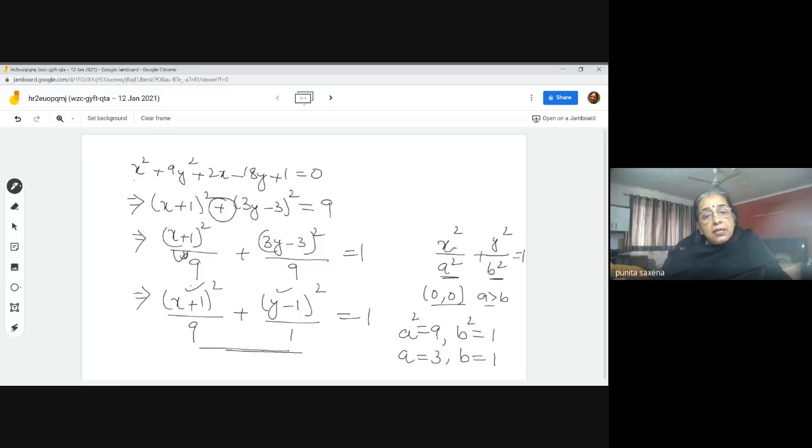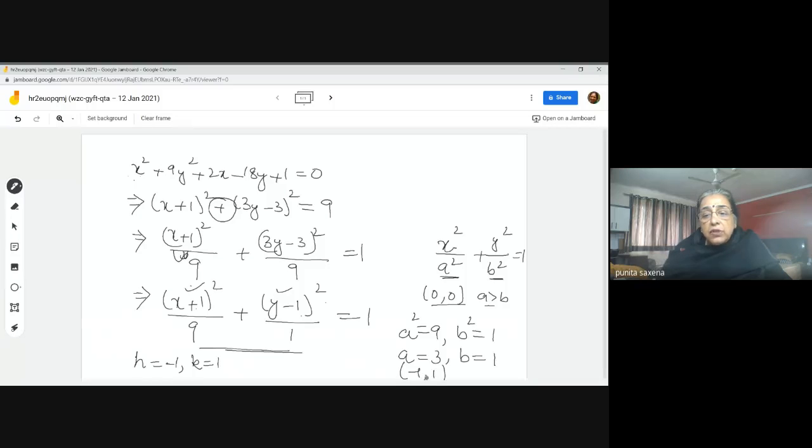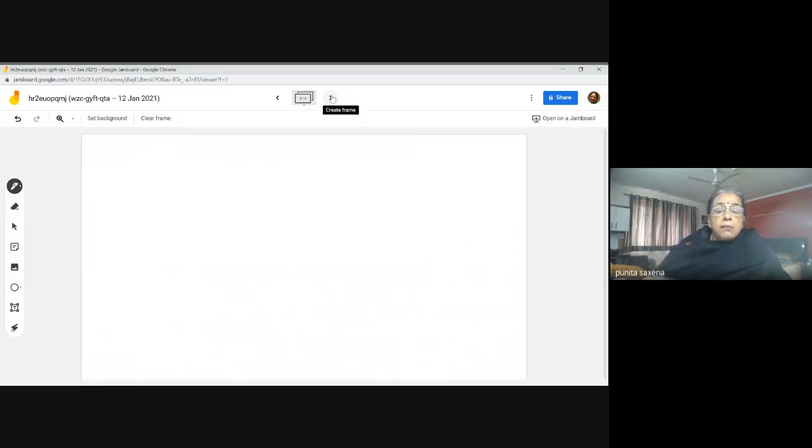So it's like x minus h, y minus k. We have translated, okay? So that means your h is how much? Minus 1. And your k is plus 1. So that means your center of the ellipse is minus 1, plus 1. Is that okay?